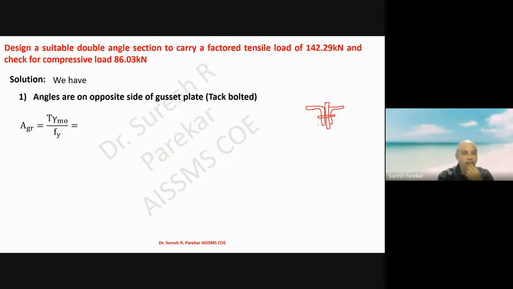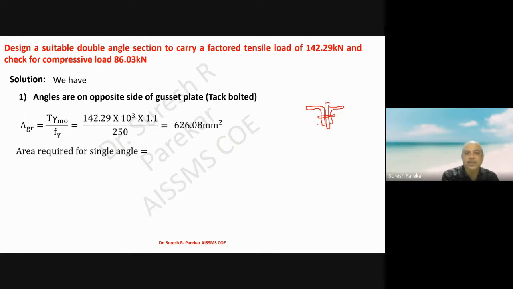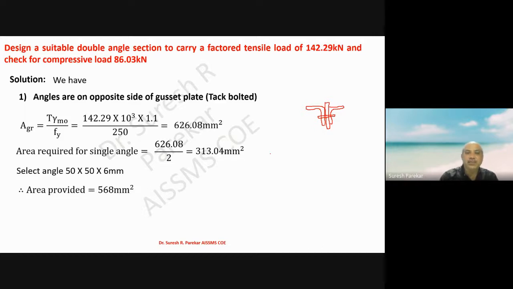So the required Ag is 626.08 millimeter square. For a single angle we have 313.04 millimeter square. We will select 50x56; the area of this is 568.